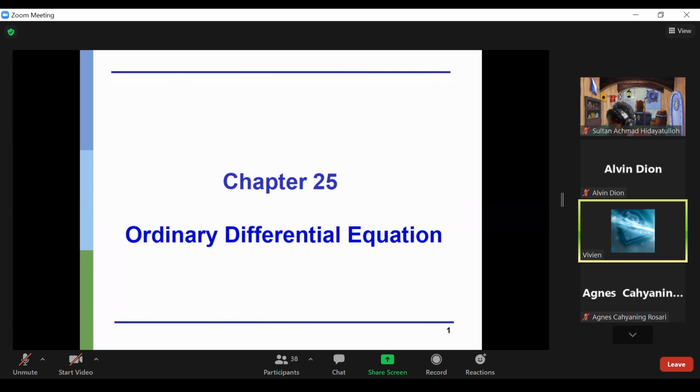Now we have differential equations. So what is the difference with that? I think in a differential equation, the variable is in the form of a differential. Correct. Yeah, that is correct.